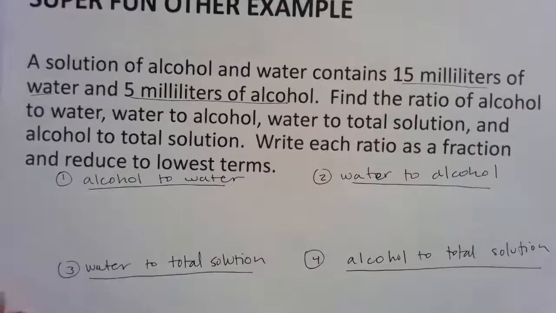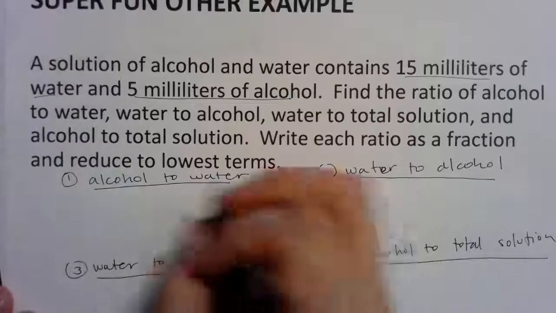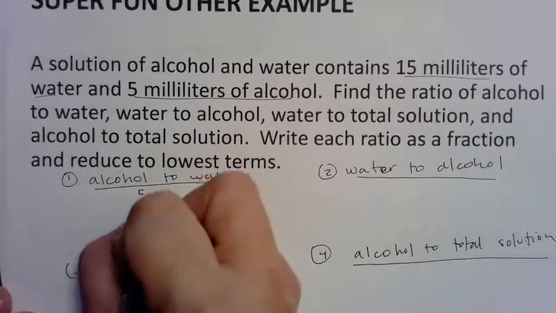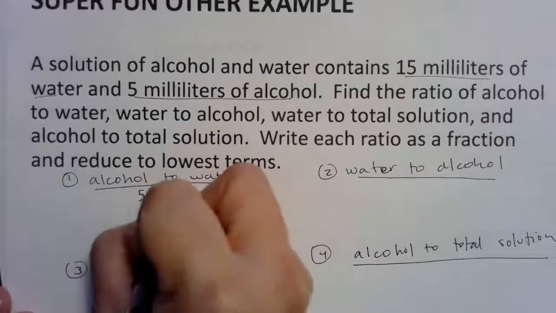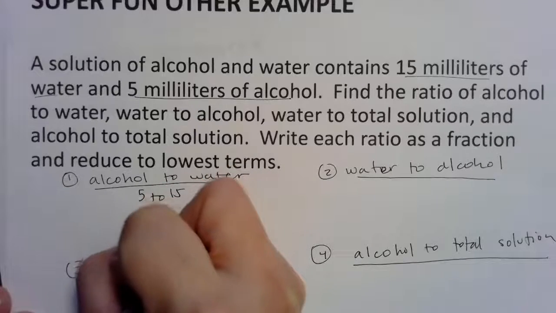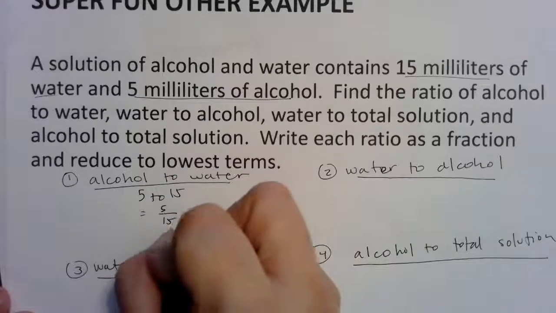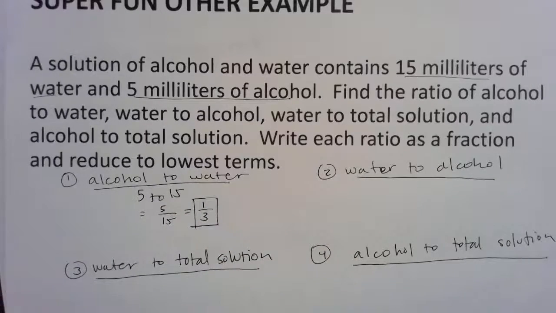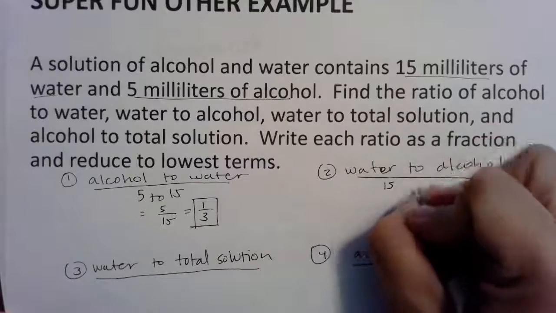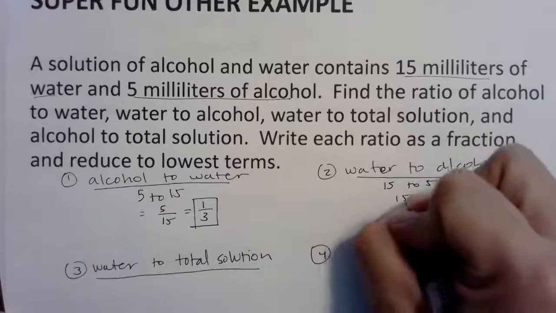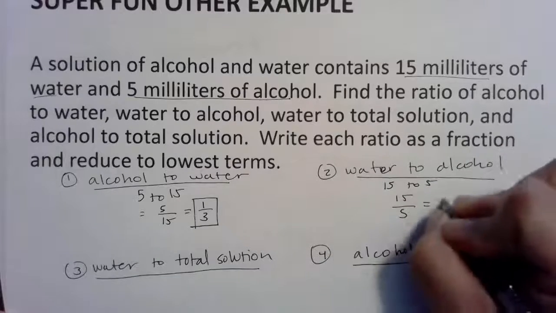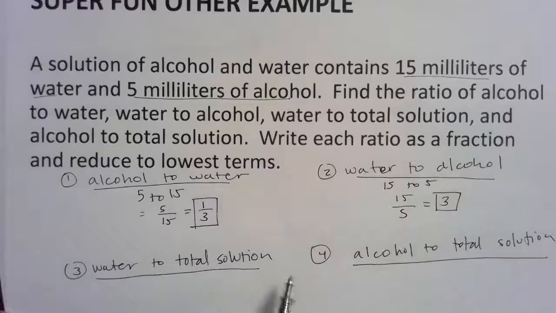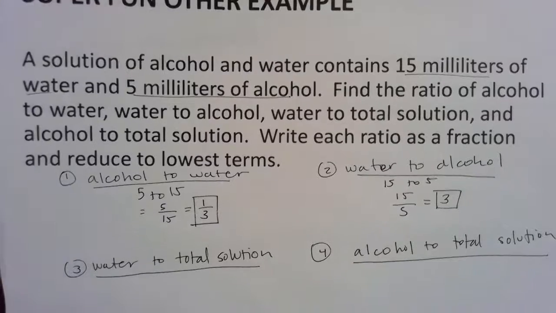So alcohol to water: you have 5 to 15, which is written as 5 over 15, which can be reduced to, you guessed it, 1/3. Now water to alcohol is 15 to 5, so 15 over 5, which simplifies to 3. Now, water to total solution.